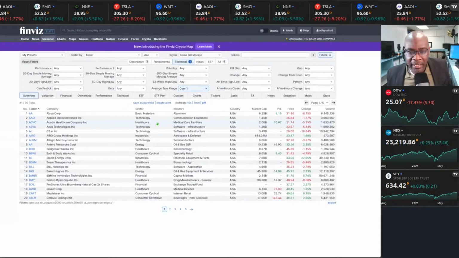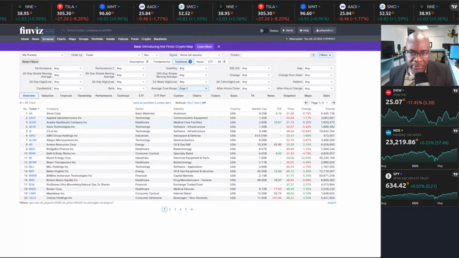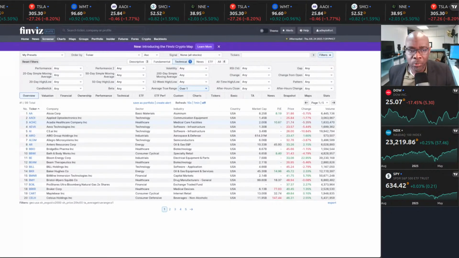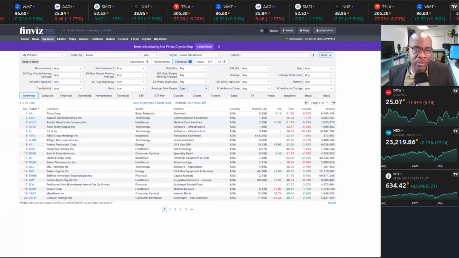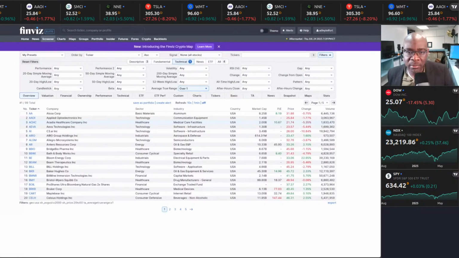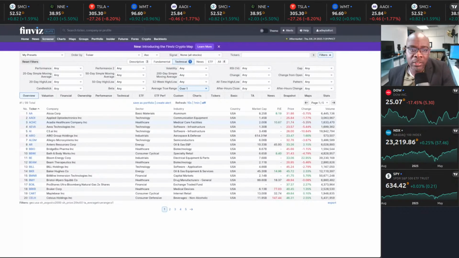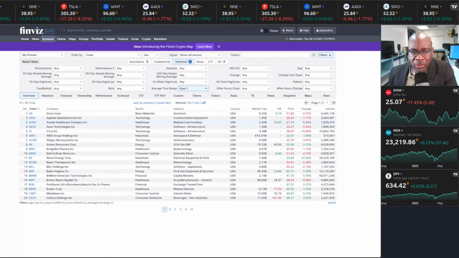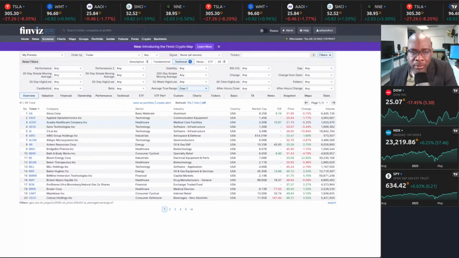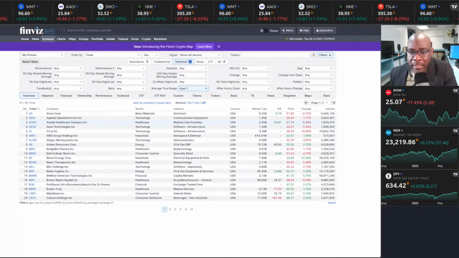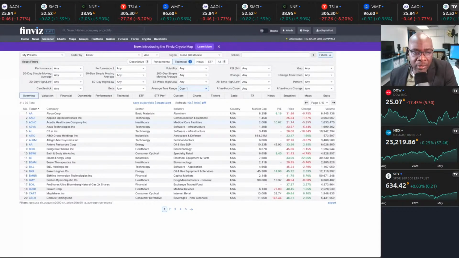So this is how we filter it down and look at stocks which fit our particular criteria. You don't have to know all of the other technical things, like the 200 day simple moving average and patterns and all this other stuff. The only thing you need to know is these 3 simple filters: price point, average volume, and the ATR, which is the average true range. And that fits all the criteria that you're looking for.